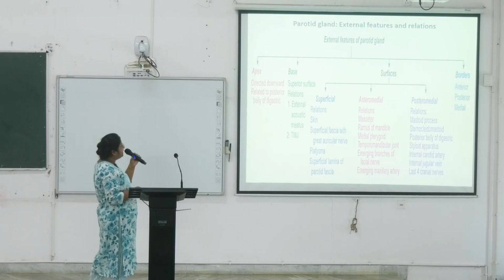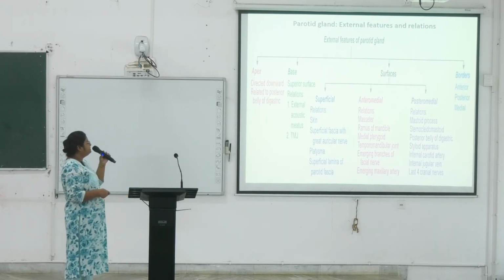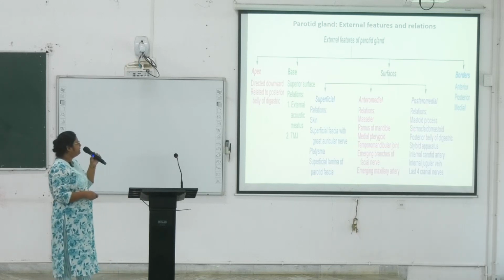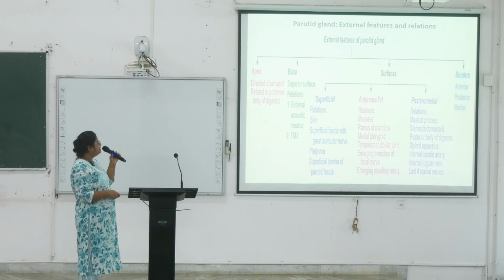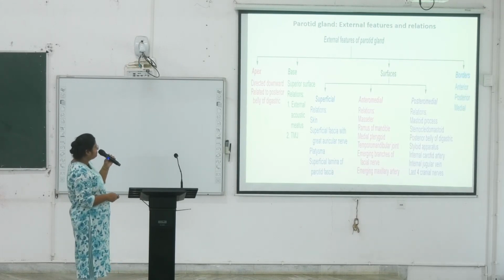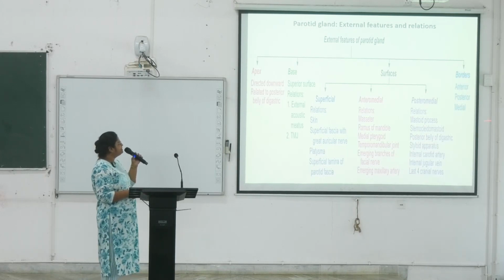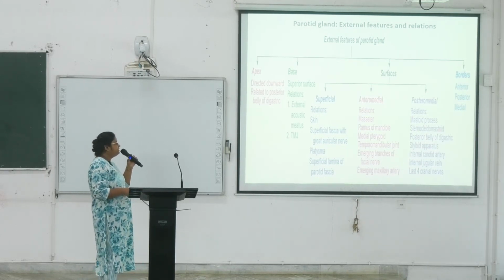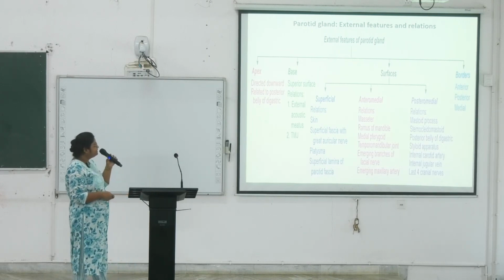Next we go to the anteromedial surface. Its relations are masseter, ramus of the mandible, medial pterygoid, temporomandibular joint, emerging branches of the facial nerve and emerging maxillary artery. Next is the posteromedial surface. Its relations are mastoid process, sternocleidomastoid muscle, posterior belly of digastric, and styloid apparatus.